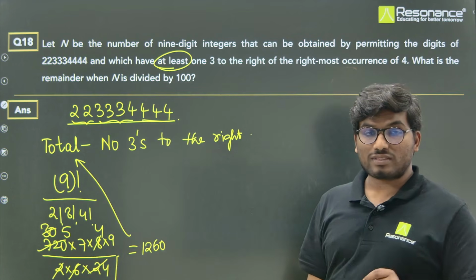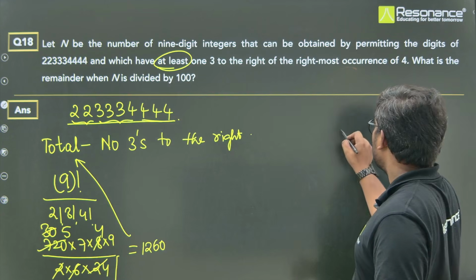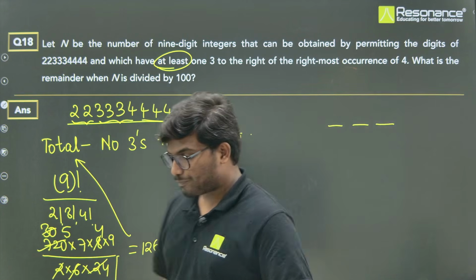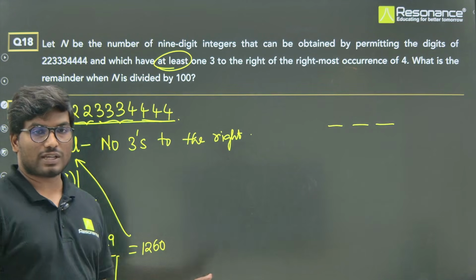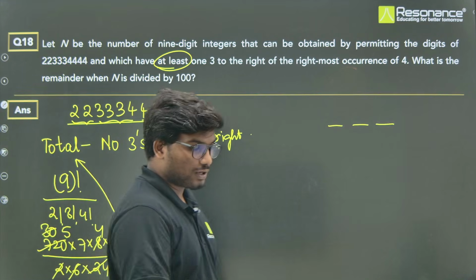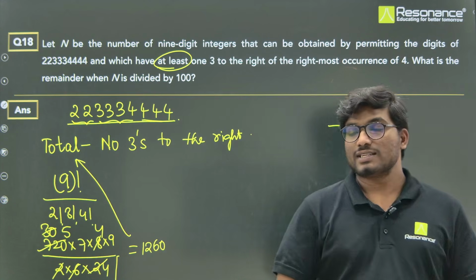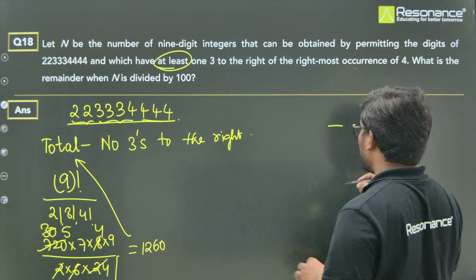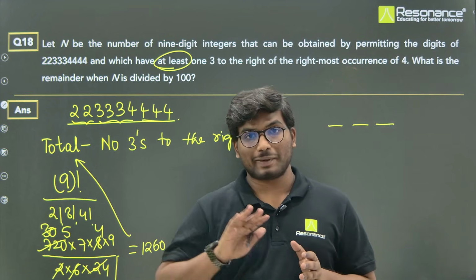If there are no 3s to the right, let's consider the last 3 digits. If at all something is after the rightmost 4, it could only be 2, right? So after the rightmost 4, it could be a 2, or 4 could be the last digit.